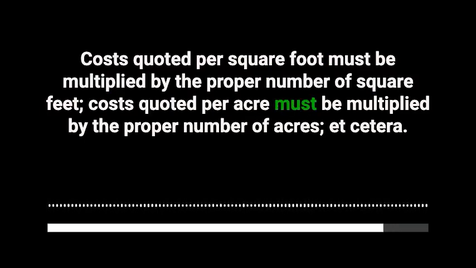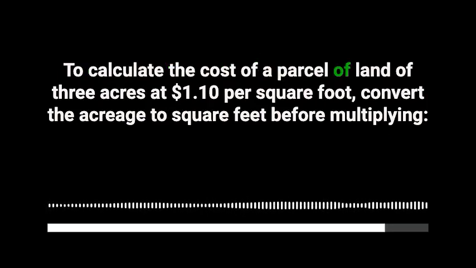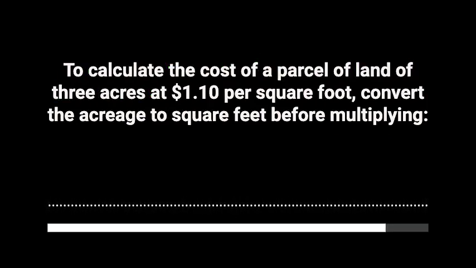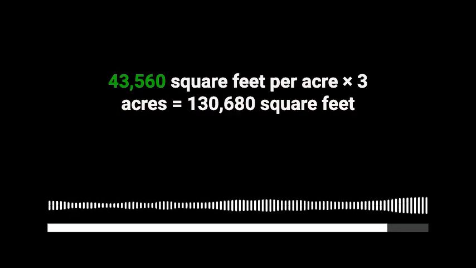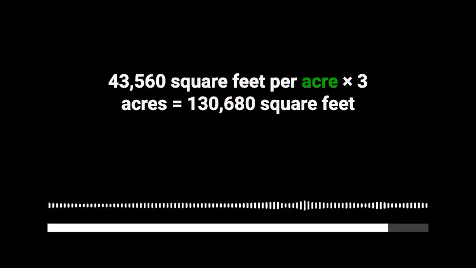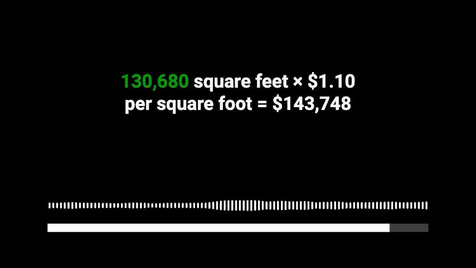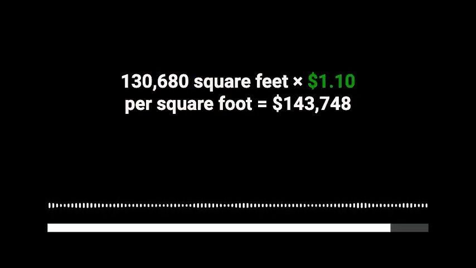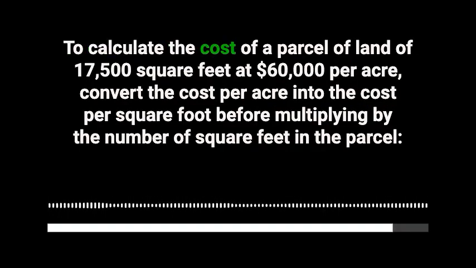Costs quoted per acre must be multiplied by the proper number of acres, etc. To calculate the cost of a parcel of land of 3 acres at $1.10 per square foot, convert the acreage to square feet before multiplying. 43,560 square feet per acre times 3 acres equals 130,680 square feet. 130,680 square feet times $1.10 per square foot equals $143,748.